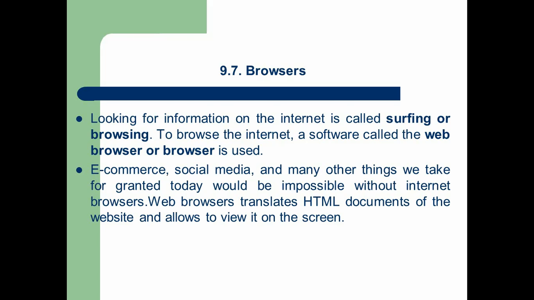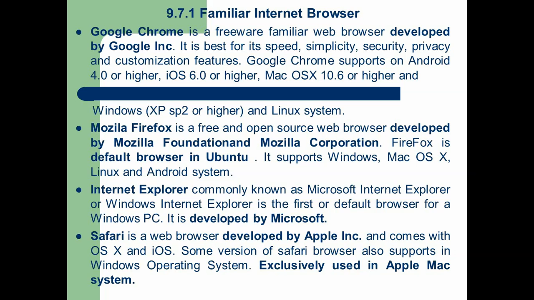Next, the important and familiar internet browsers are: number one, Google Chrome, one of the familiar freeware web browsers developed by Google Incorporation. It is one of the best for its speed, simplicity, security, privacy, and customization features.